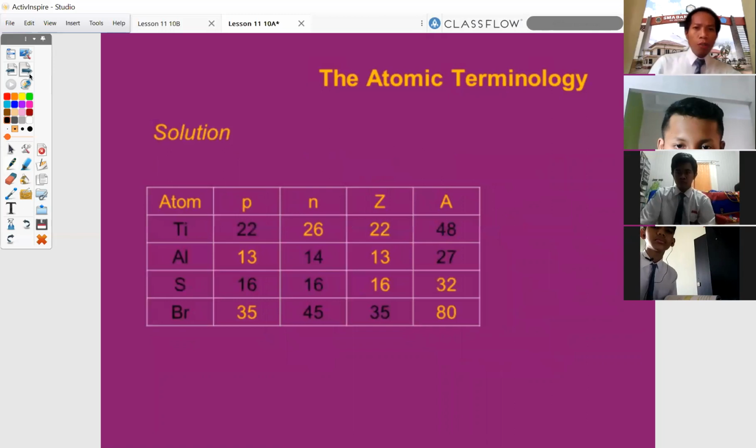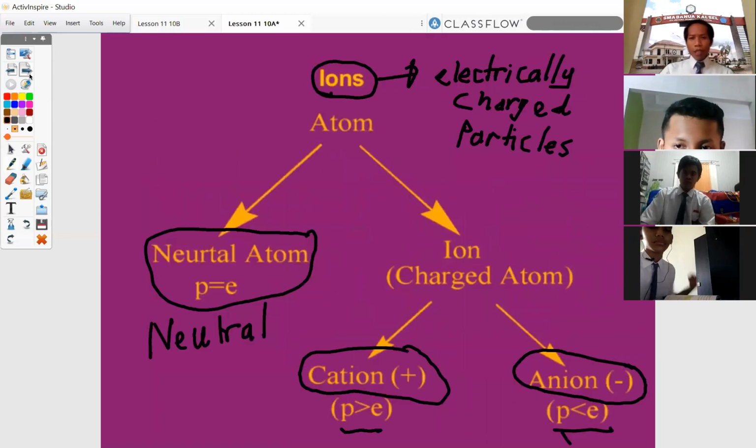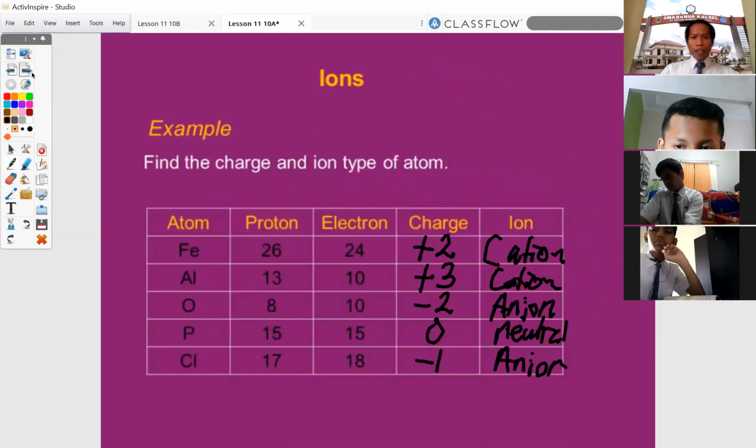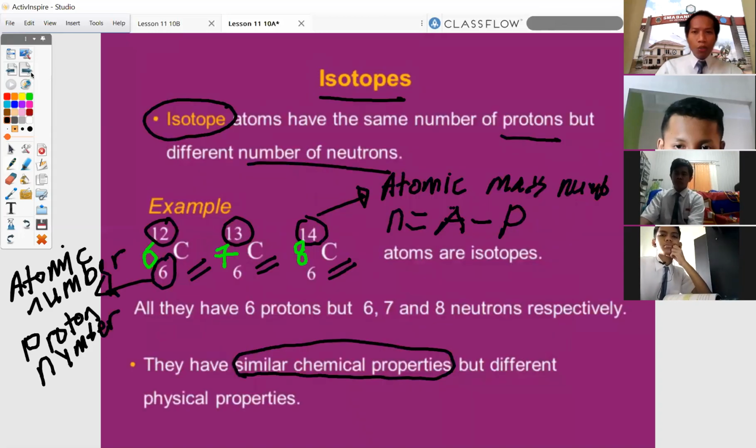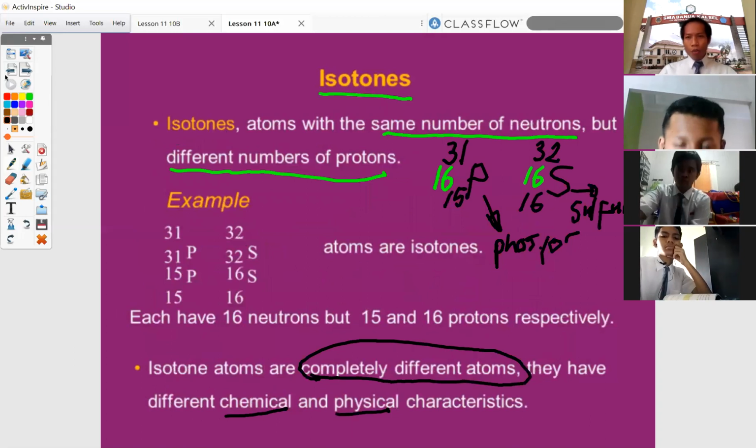Then we talked about ions. There are two types of ion: positively charged cations and negatively charged anions. Then we learned how to find the charge, whether it's positive, negative, or neutral. And then we learned about isotopes and isotones. So this is what we learned today.